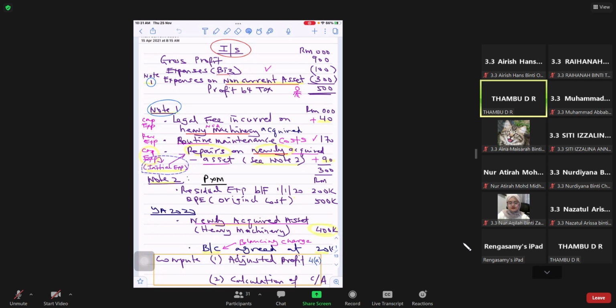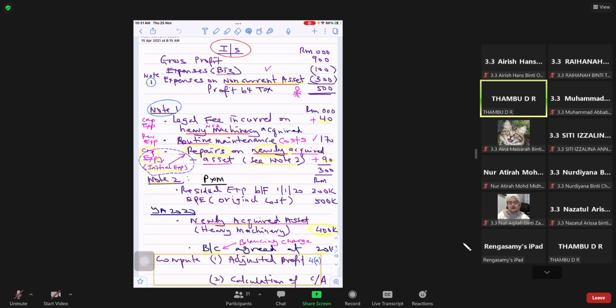That repair maybe looks like maintenance. But no. If you buy it, you should be able to use it. If you buy it, and you cannot use it, and immediately you spend money, that repair is initial. Initial means cost incurred on a newly acquired asset. Initial is capital.